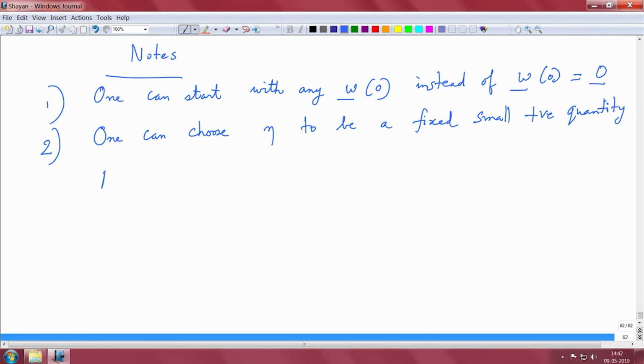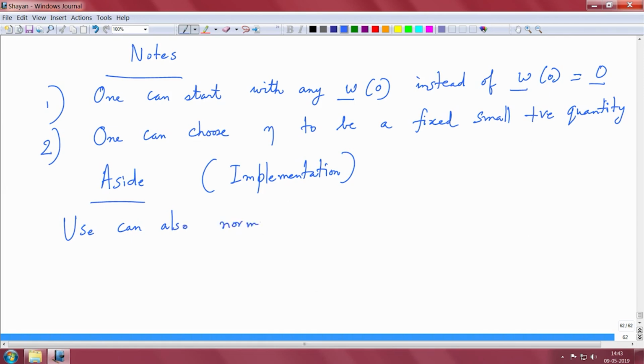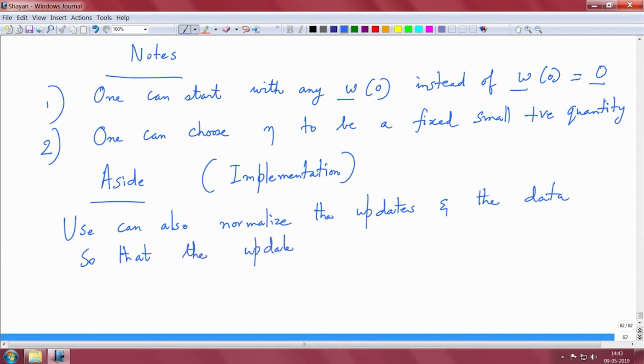So another aside, this is possibly from an implementation standpoint. If you have a large number of data points, you can also normalize the updates and the data, so that the update rule is bounded.